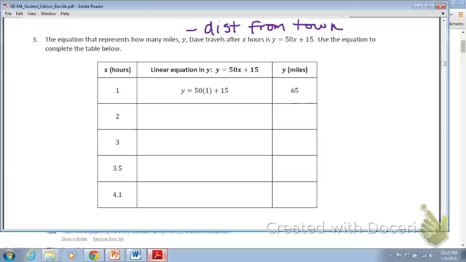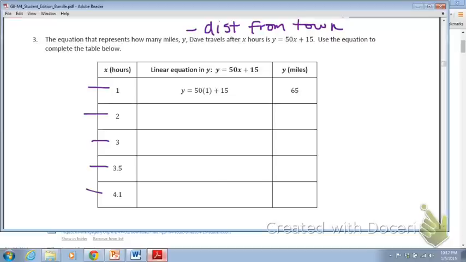And we're going to do it for 1 hour, and 2 hours, 3 hours, 3.5, and 4.1. And we're going to do it by just putting in the value for x. So the first one is done for us. So after traveling 1 hour, Dave is 65 miles from town, because he went 50 miles and he was already 15 miles away.